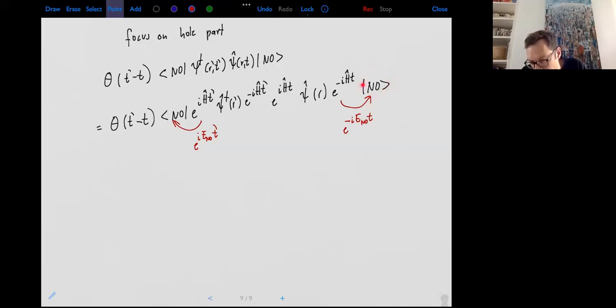We've got the ground state, and then we remove an electron from the ground state at position r. The resulting state will of course not be an eigenstate of the system, but it will have n-1 electrons. So one thing we can do is insert in this place a complete set of states of the system with n-1 electrons, which is of course the same as inserting 1.